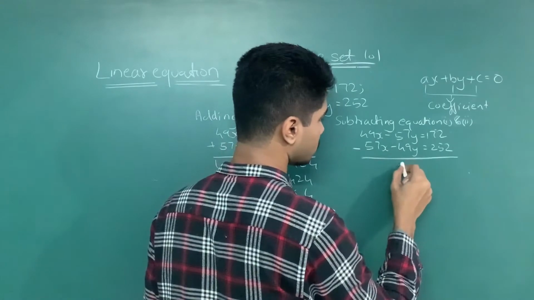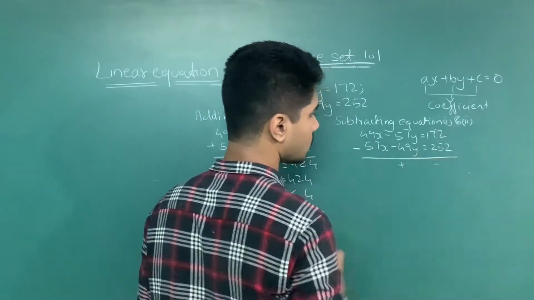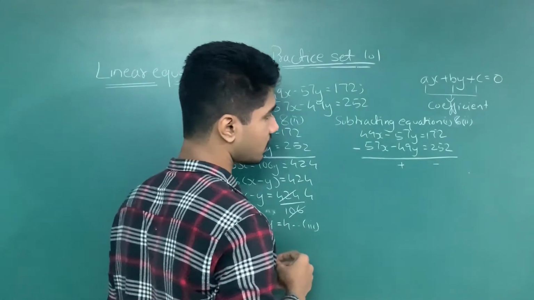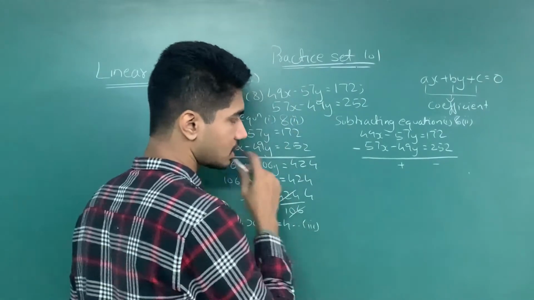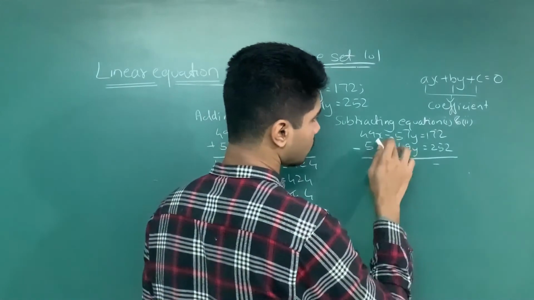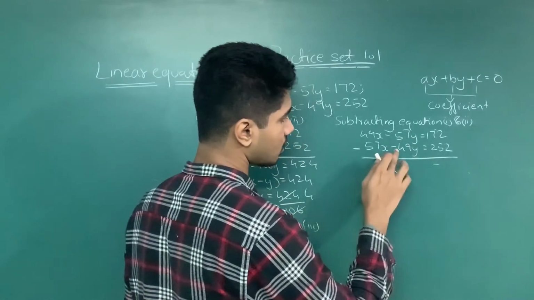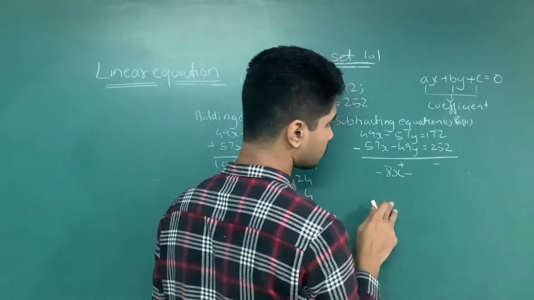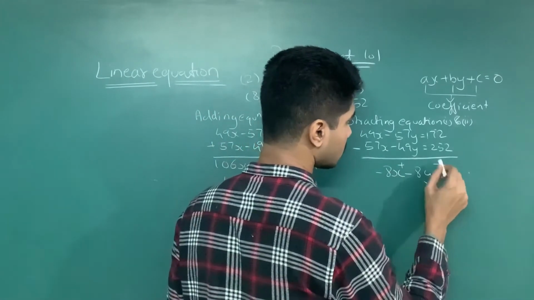This minus will change to plus, and this minus plus will change to minus. So 49x minus 57x you get as minus 8x. And minus 57y plus 49y you get minus 8y.